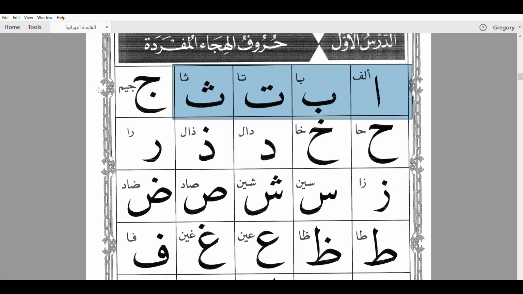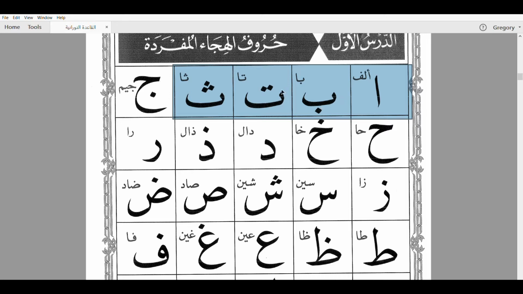Okay, so the first 4 letters we'll learn here are alif. Does everybody know that? Alif? It's not alif. Some people will say it's alif, but it's alif, which is a short vowel. And we'll get into the vowels later, short and long vowels. Then you have ba, which is shaped sort of like a boat here, or a necklace. And you have 1 dot below the boat. That's how you know it is ba, below.